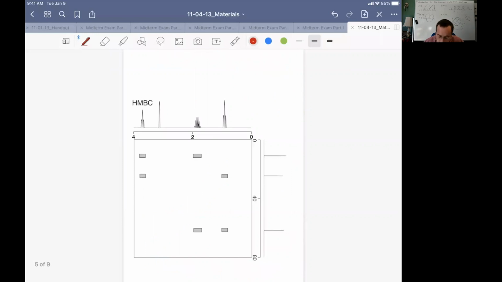All right, last one I want to show you is the HMBC spectrum. And so again, I'll draw a little schematic of the molecule of 1-propanol.